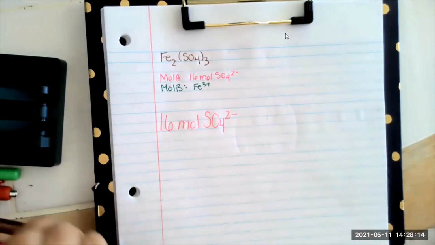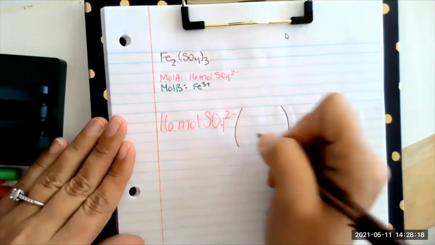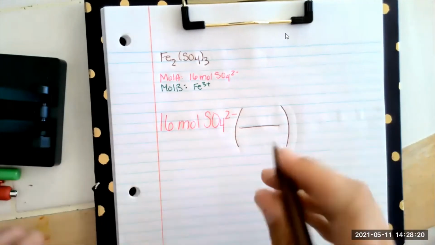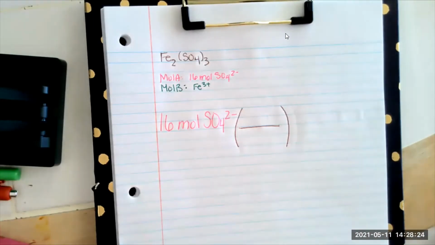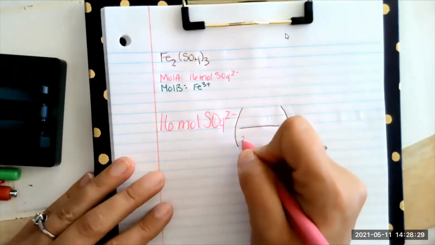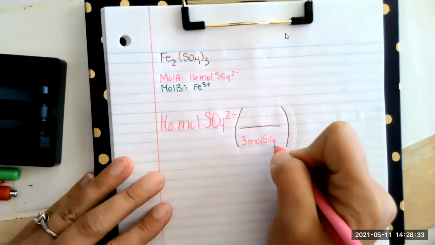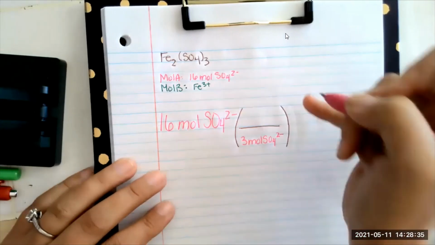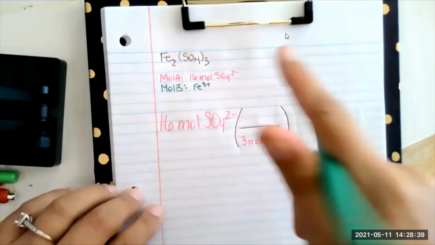And then we're converting that into mole B, which is iron. So mole A from your balanced compound goes on the bottom. So mole A sulfate has 3, so I have 3 mole sulfate. And mole B from your balanced compound always goes on top. That's 2 moles of iron.